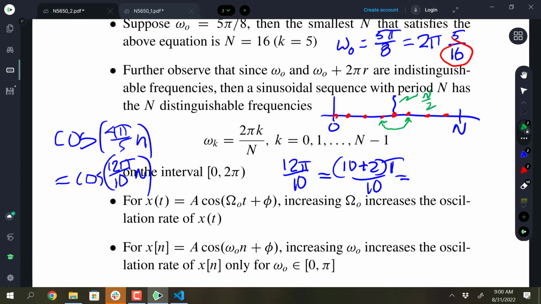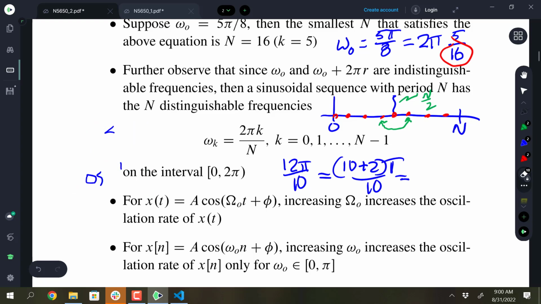So 1, 2, 3, 4. I'm going to cheat. I'm going to change my problem because this was off the top of my head and I wasn't thinking properly about how to set up a good example.